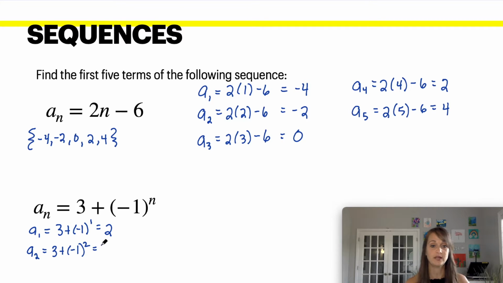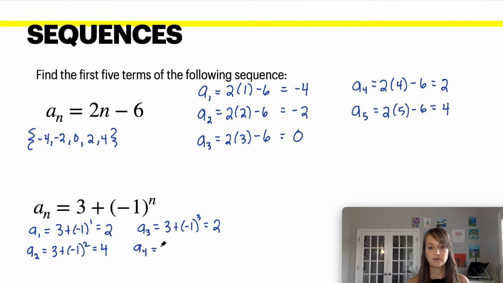So 3 plus 1 gives you 4. And then when I do the third term, that means I plug in 3 into n. Negative 1 to the third power is actually negative 1. Basically, any odd power is going to give you a negative number. So 3 and a negative 1 will go back to a 2.